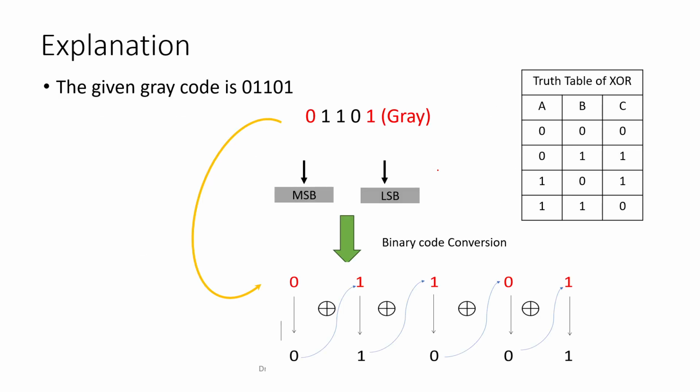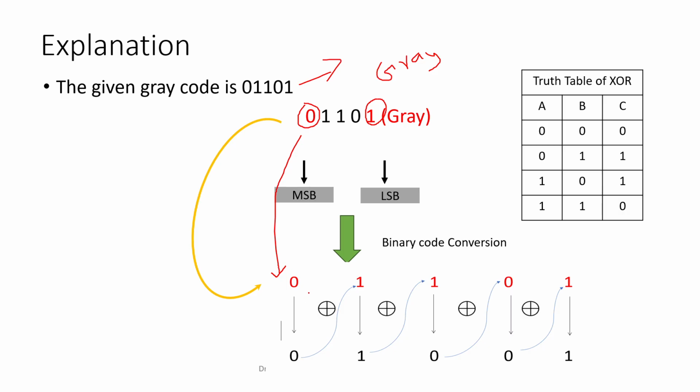Now this is an example, 01101. This is a gray code, and we are going to convert this gray code into binary. In 01101, this is the LSB, the least significant bit, and this is the MSB, the most significant bit. So we keep the MSB the same, 0.